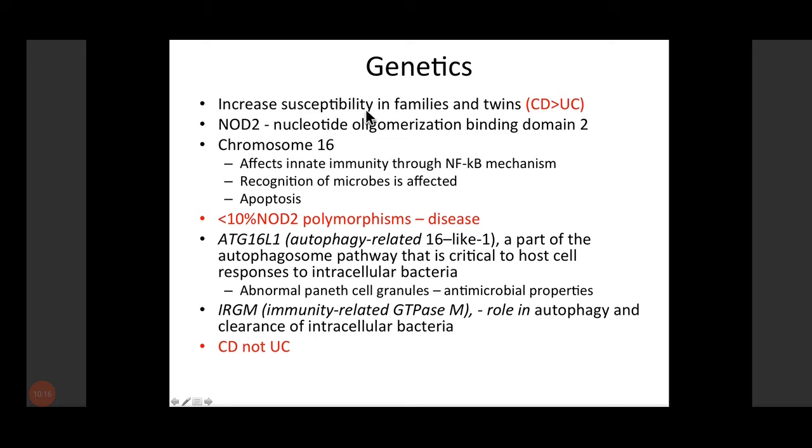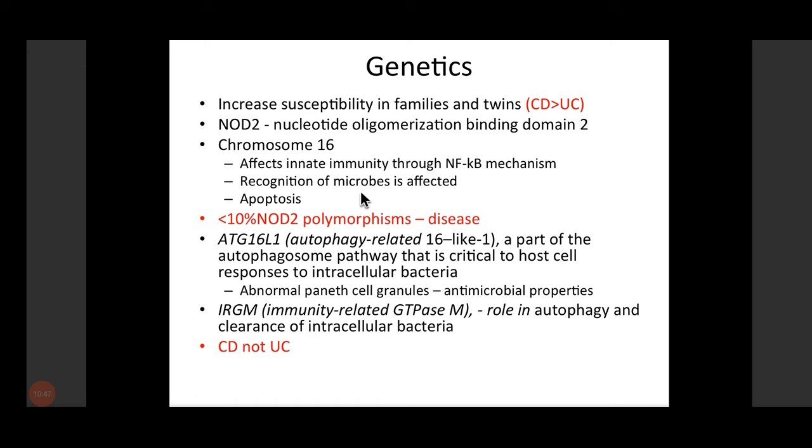So, as I said, it's multifactorial. So, the presence of NOD2 mutations can make the individual more susceptible to Crohn's disease. However, again, I will highlight the fact that it is only more susceptible. So it is a multifactorial involvement. This NOD2 region lies in chromosome 16. It affects the innate immunity through the NF-kappa beta mechanism, and recognition of microbes is affected.